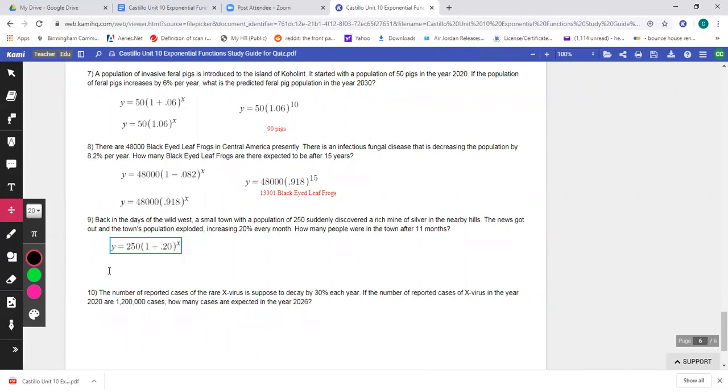And then so this is going to be y is equal to 250 times 1.20 taken to the x power. And then we want to know how many people are going to be in the town after 11 months. So this is going to be 1.20 to the 11th power.